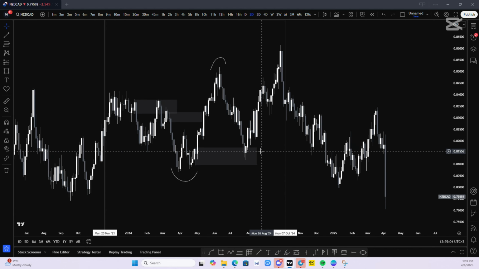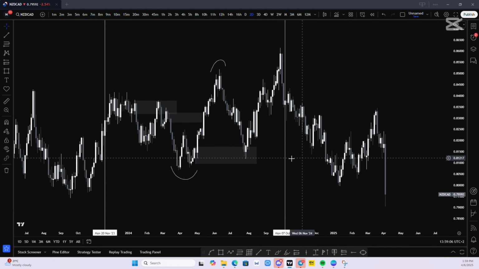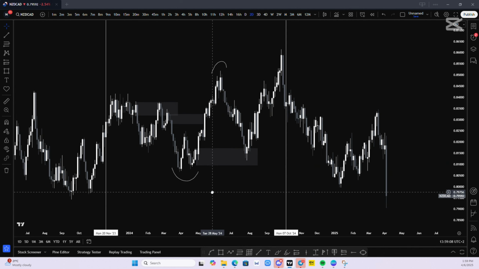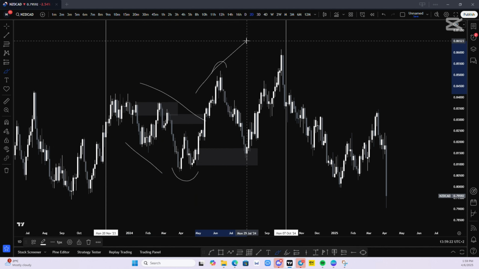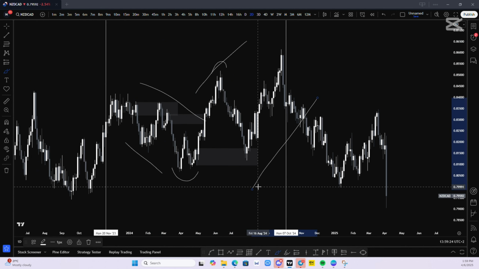Hence why we have our internal order flow. Within these ranges, within these order flows here, we can look for more trades. This here is our external order flow, this here is our external order flow.